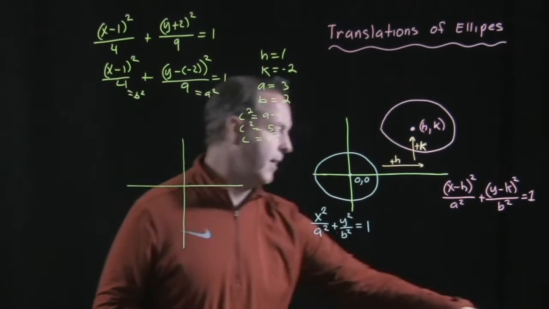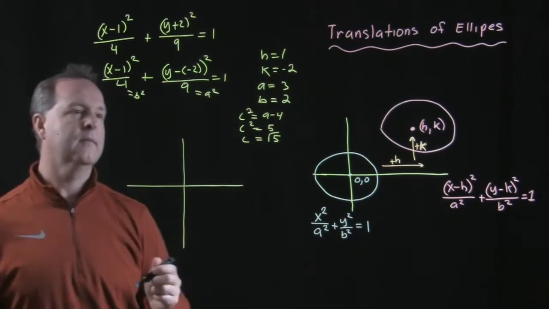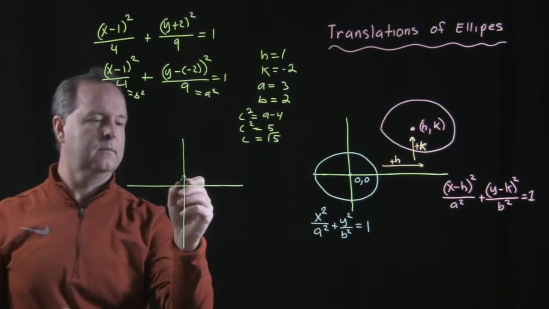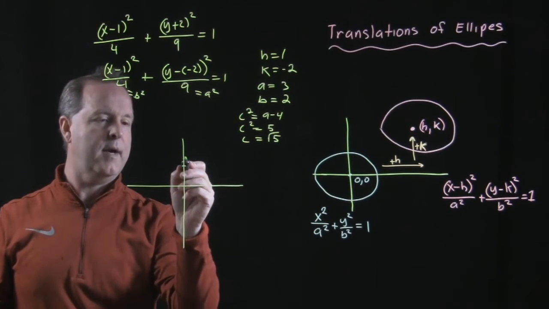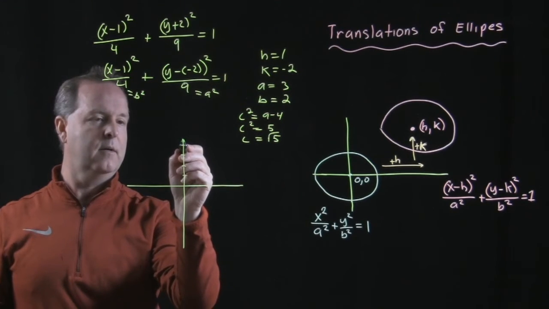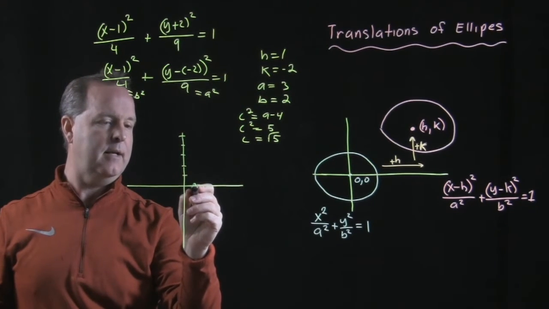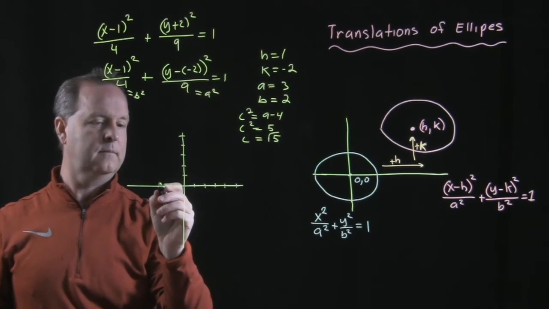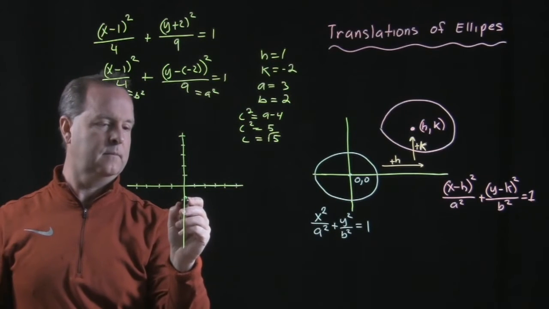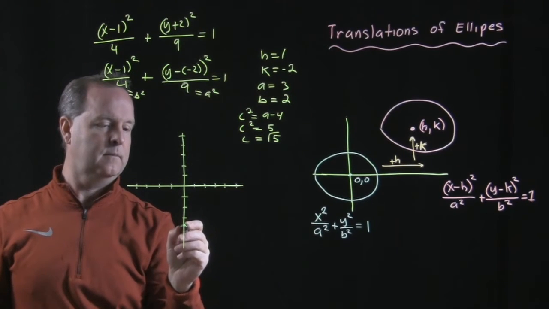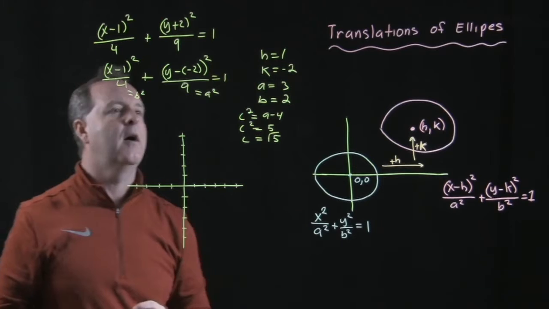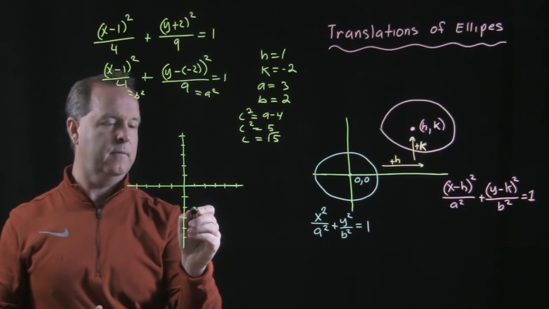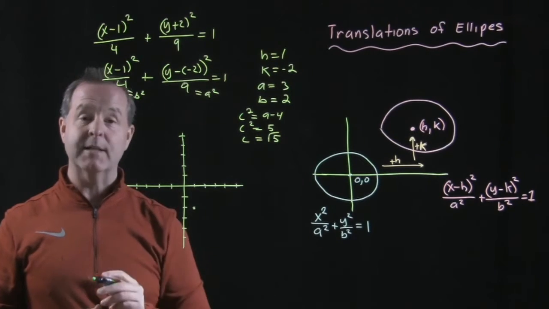I'll try to use a good scale so my ellipse looks like an ellipse. So we have a new center point at (h, k), which is over 1 and down 2. So that's my center point.